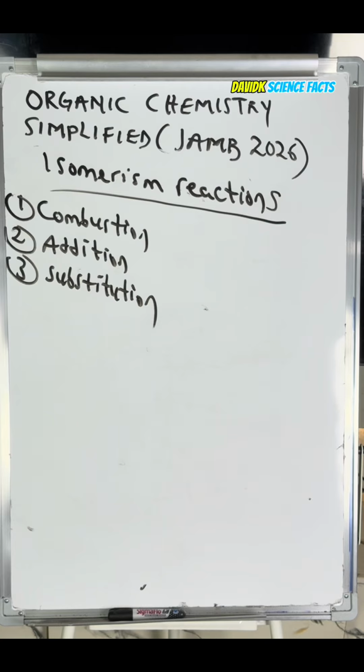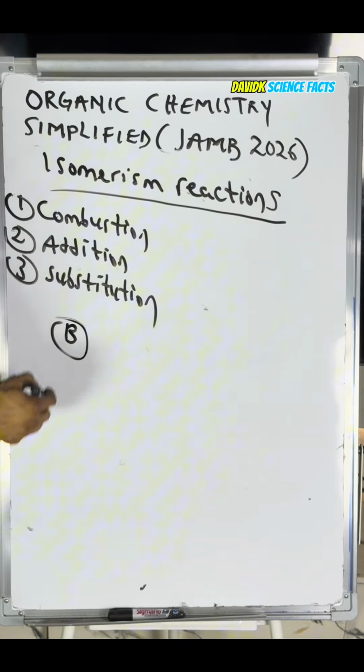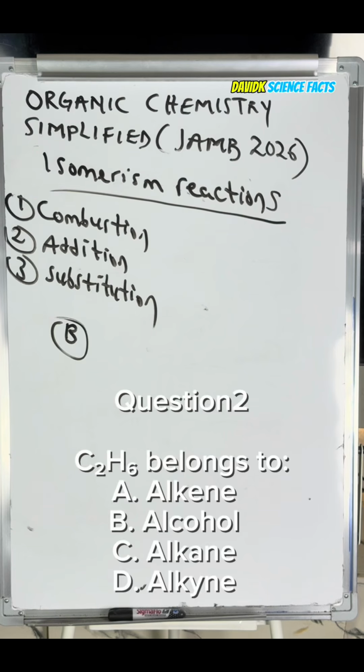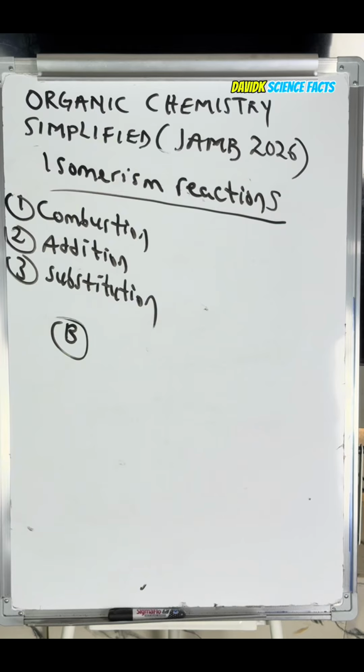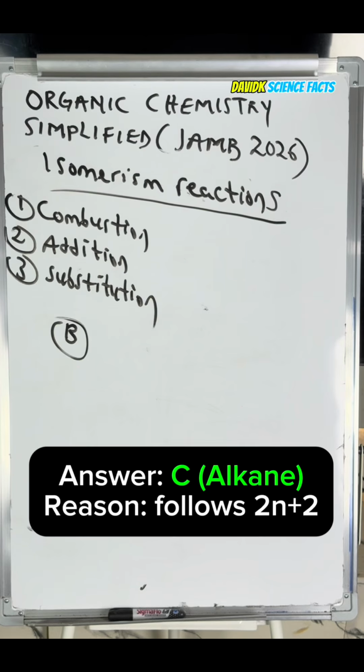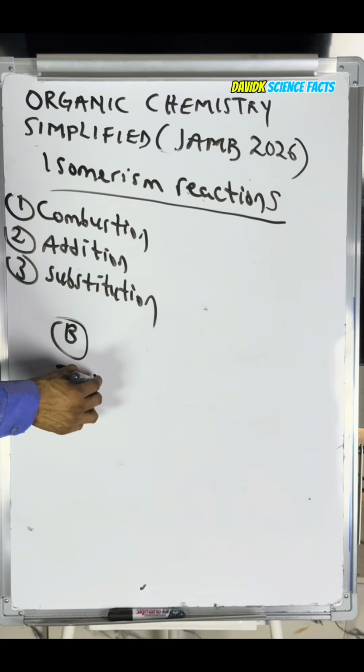So the correct option is B. Question 2. C2H6 belongs to A alkane, B alcohol, C alkene, D alkynes. The correct option is alkane. Reason, it follows CnH2n plus 2. Remember.